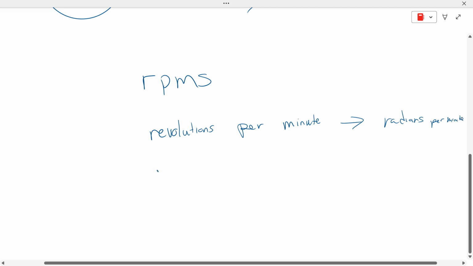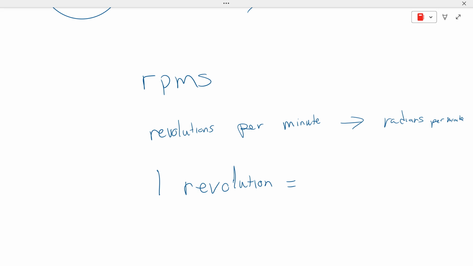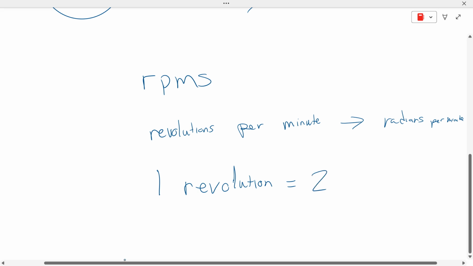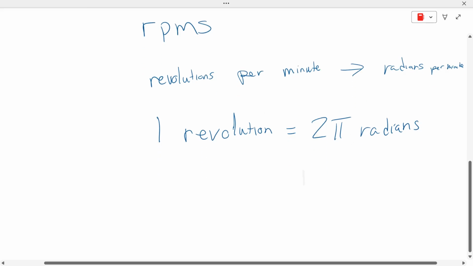Well, we know in 1 revolution, there are how many radians? 1 time around the circle is how far in radians? 2 pi radians. So there are 2 pi radians in 1 revolution.